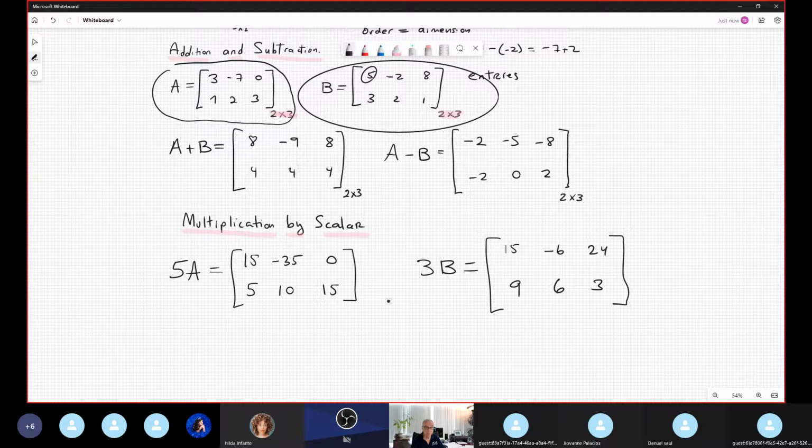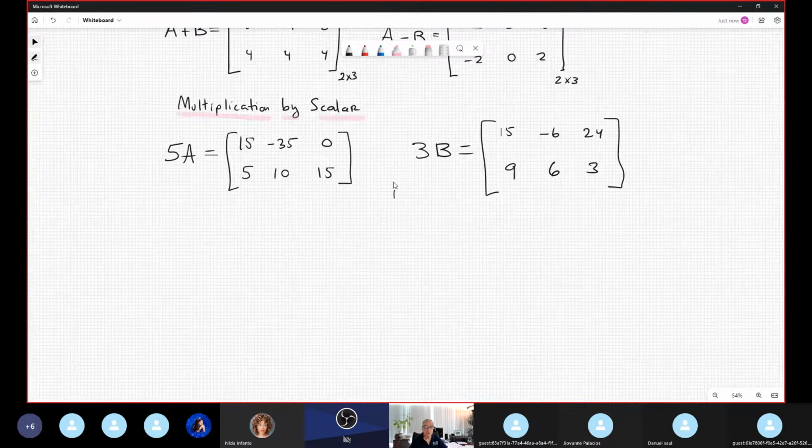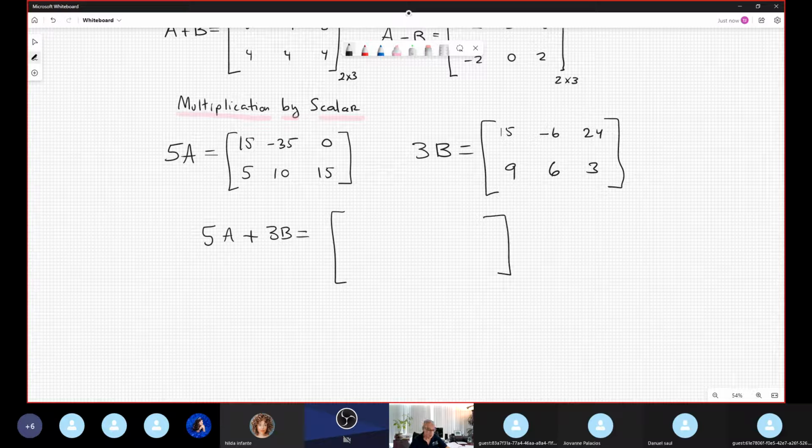Now, just out of curiosity, you compute 5A plus 3B. To perform that operation, you do the multiplication by scalar first, and after that you add the matrices. This is 15 plus 15, 30.